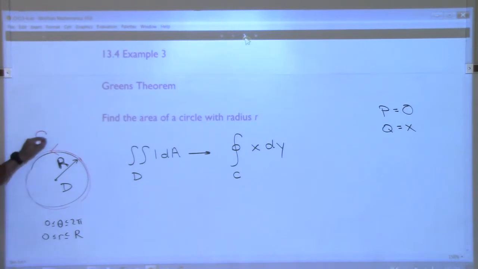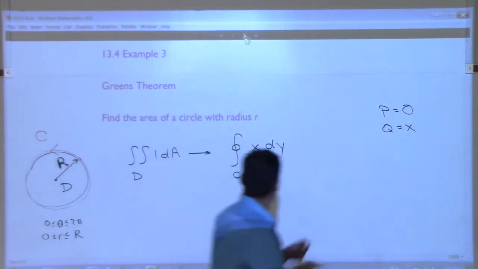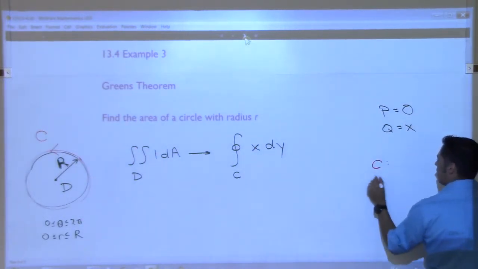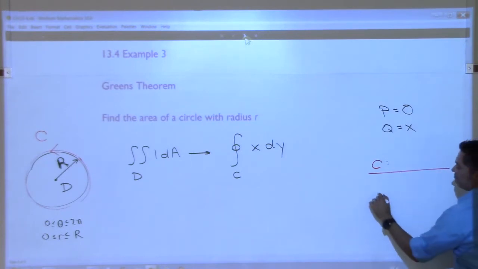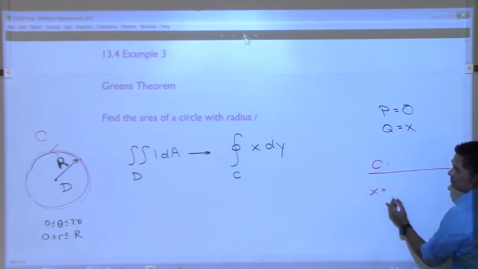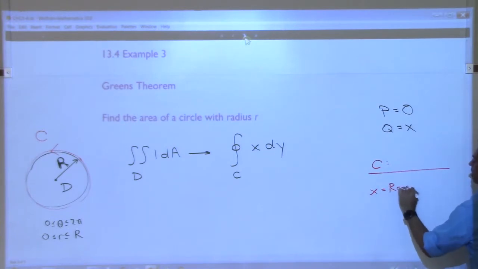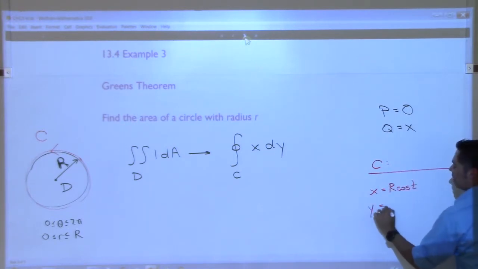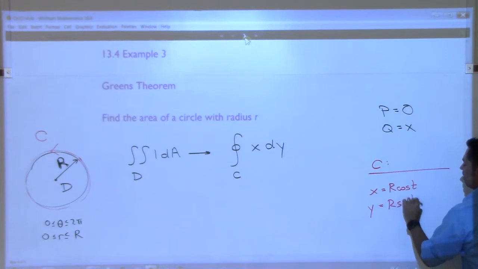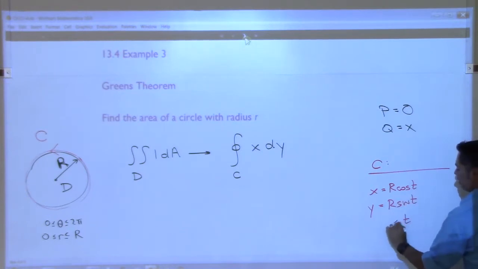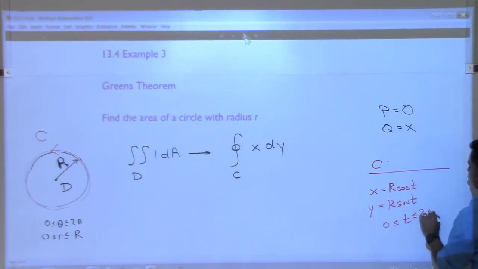So that's your C. So we need to have some parametric representation of C, which I think we're all okay with, right? C would be what? X is, yeah, but our radius is capital R. Capital R cosine t, and our y would be capital R sine t, right? t is obviously going to be between 0 and 2 pi.